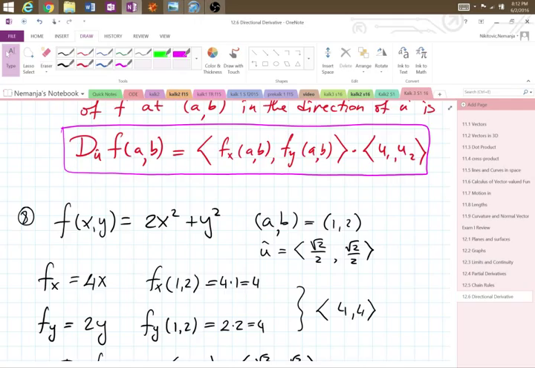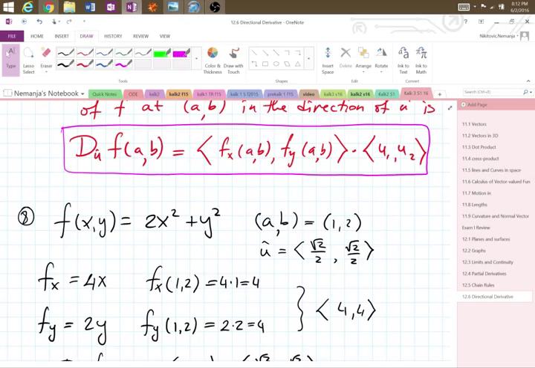Let's find another example of this so that we can practice. See, Larson has 12 problems and your book has 2.